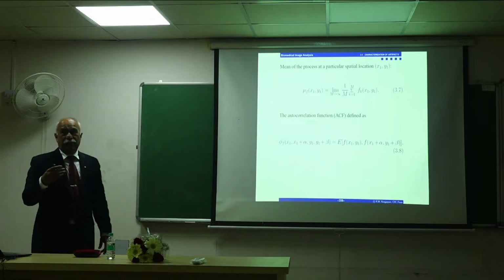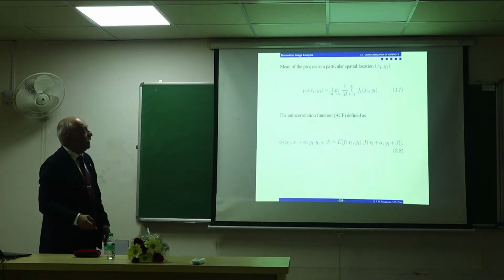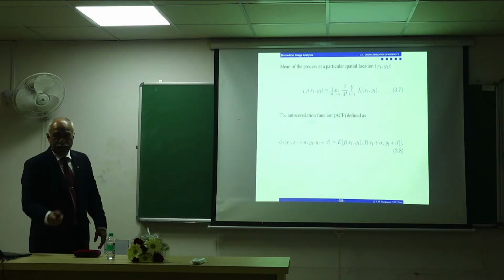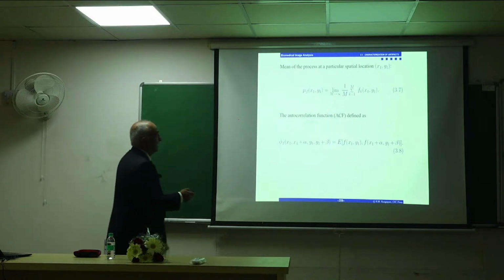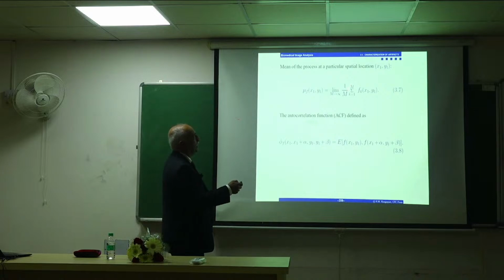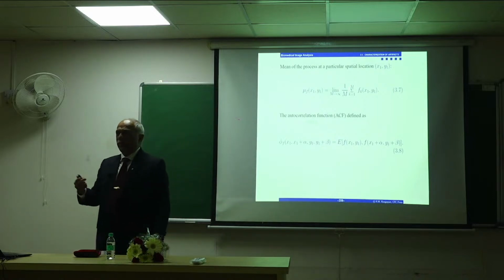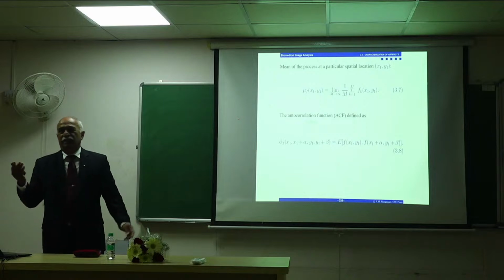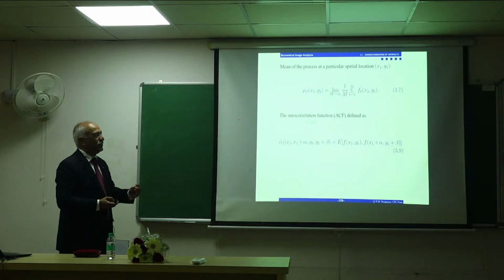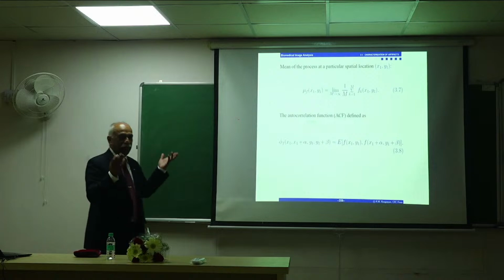There are capital M number of observations. For each pixel, you average across those, and divide by M for normalization. The limit M tends to infinity means you need to have a large number of images. Nobody will acquire an infinite number of images, but a large number, 10, 20, whatever.